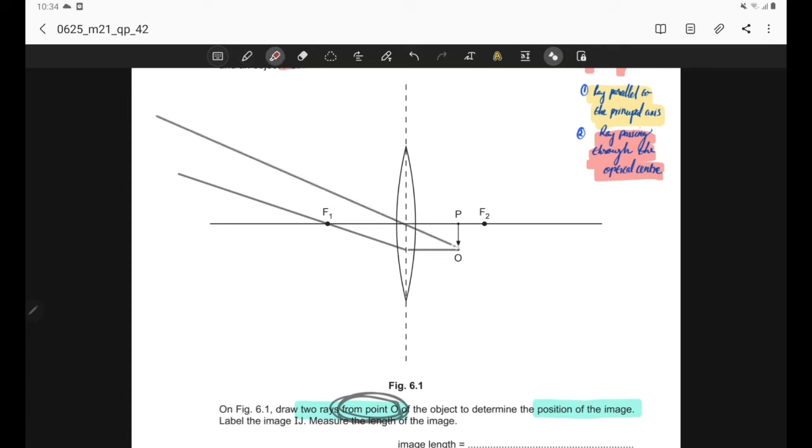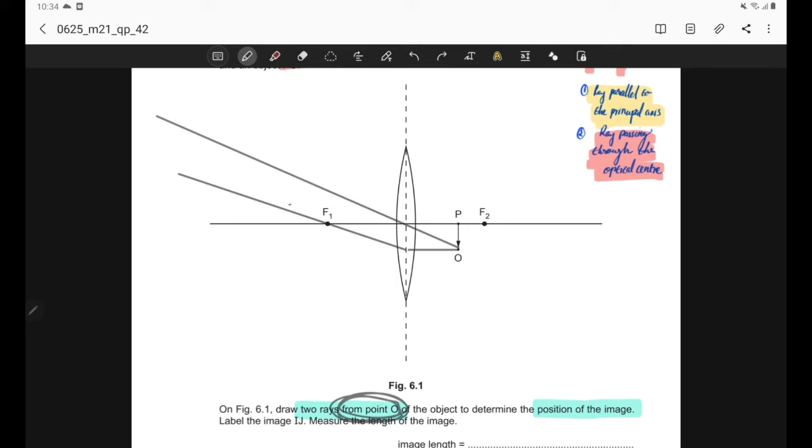So the ray which is passing through the optical center will always continue to move in a straight line without any deviation or deflection, as shown in the figure. Now we can draw the arrows to indicate the direction.